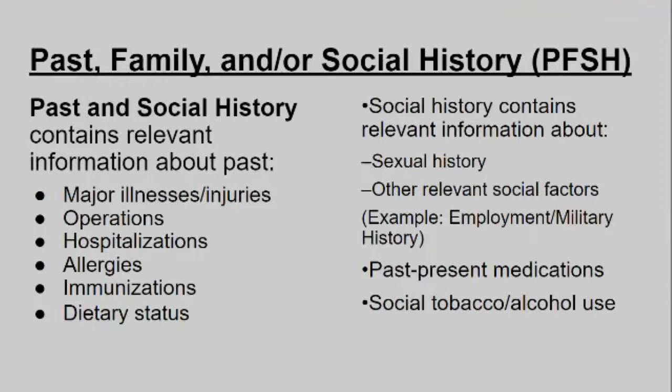Past and present medications, dietary status, immunizations. So that is what your past, family, and social history is for. Do you remember going into the doctor and filling out that piece of paper that says all of those things? Yeah. So that goes into your medical record, and that is your history. And it's important for the doctor to know about those things.